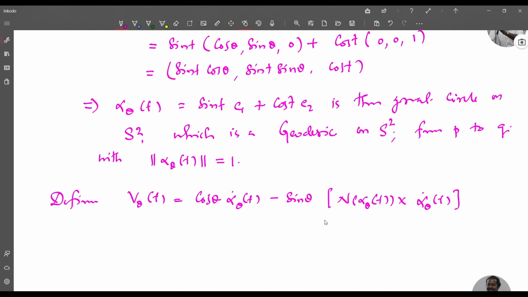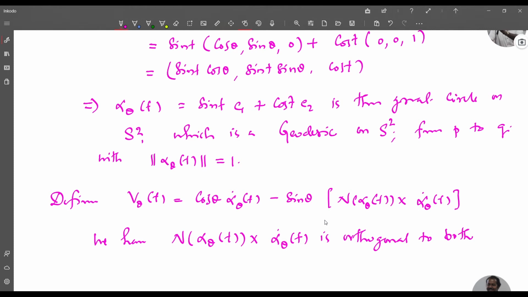So we have n of alpha theta of t cross alpha theta dot of t is orthogonal to both alpha theta dot of t and n of alpha theta of t.